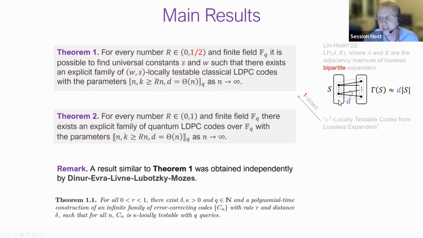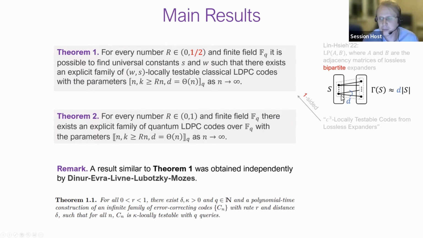By lossless expander, I mean special kinds of bipartite graphs. In a bipartite graph you have two parts, and if, for example, each vertex in this part has degree D, then in a lossless expander you consider some sufficiently small set S, and you consider the number of vertices in the other part. For a lossless expander, roughly speaking, the number of neighboring vertices is approximately the maximum possible, maybe 99% of it.